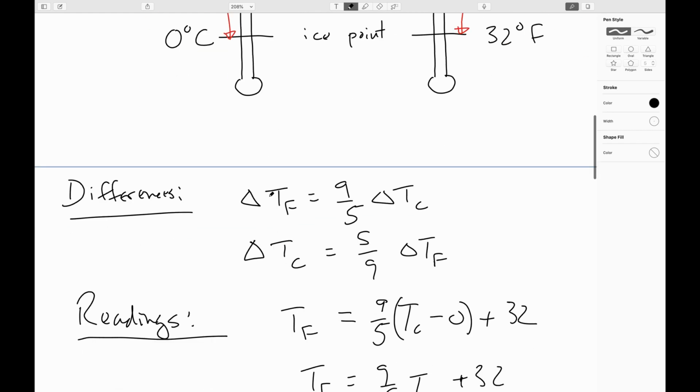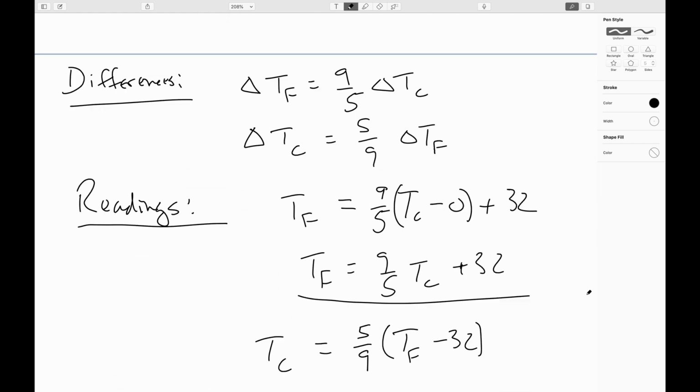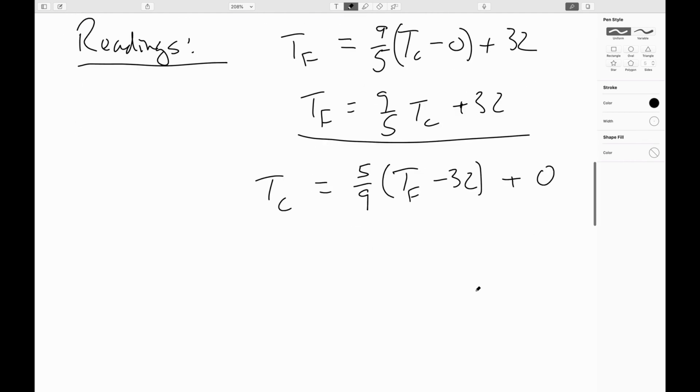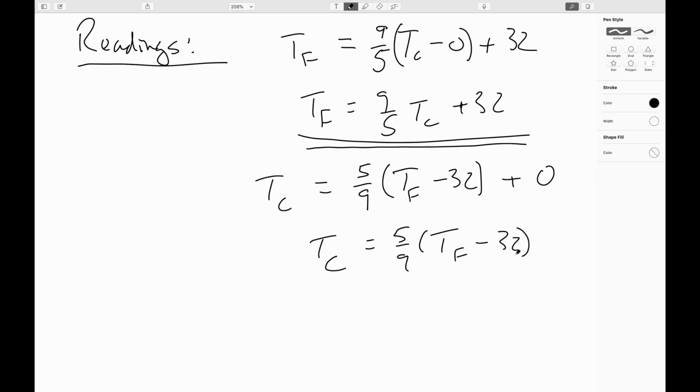But in Celsius, the name of the ice point temperature is 0. So again, when you look up the equations in tables or whatever, nobody ever bothers writing the +0 here, and you're left with T Celsius equals 5/9 of the quantity T Fahrenheit minus 32.